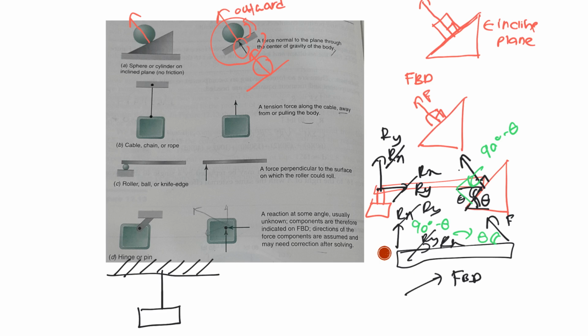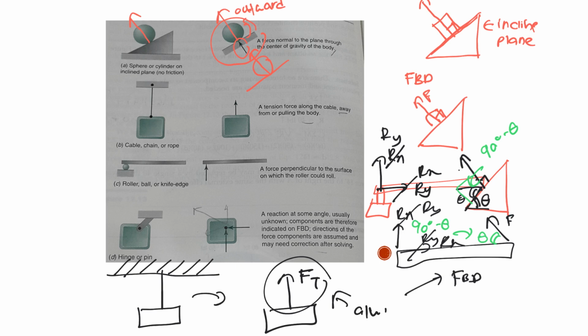Please take note, when it comes to tensional force, it is always outward from the body, from the main character. So when you draw the FBD, it is going to be FT, and this is your main character. Tensional force is always outward.